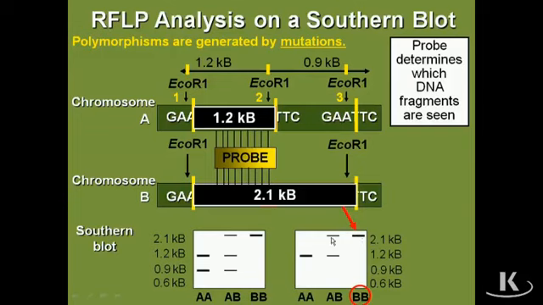And that makes sense, because in the heterozygous situation, there was only one of the 2.1 kilobase bands, whereas in the homozygous situation, there were 2 copies of the 2.1 kilobase band, thus making this thicker. Now over here, in the homozygous normal-alleled person, there were 2 copies of the 1.2 kilobase fragment, which is why there is a thicker 1.2 kilobase band compared to the heterozygote over here.